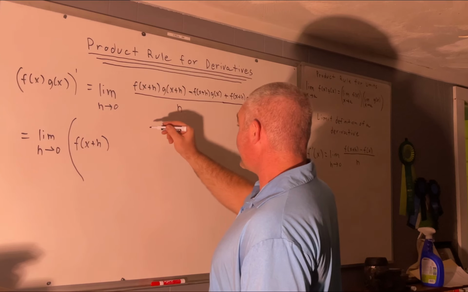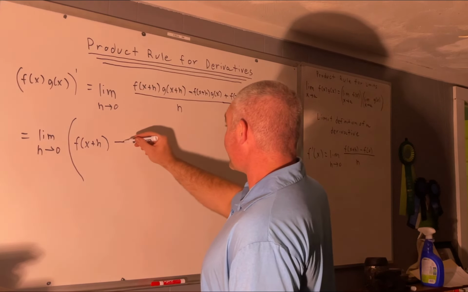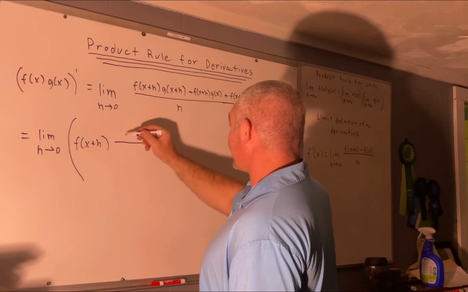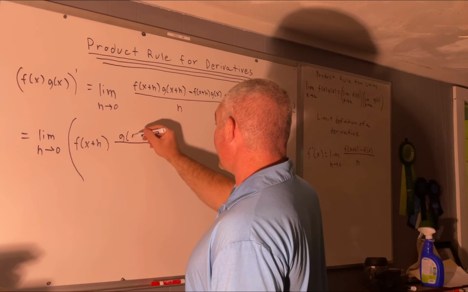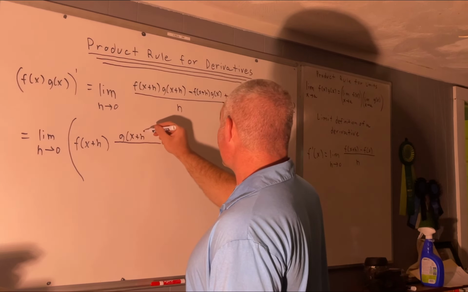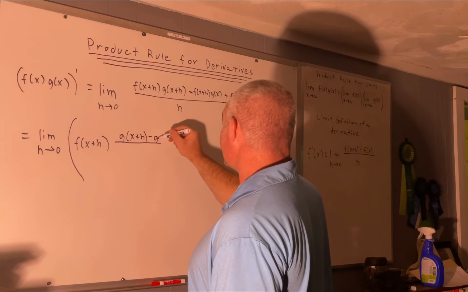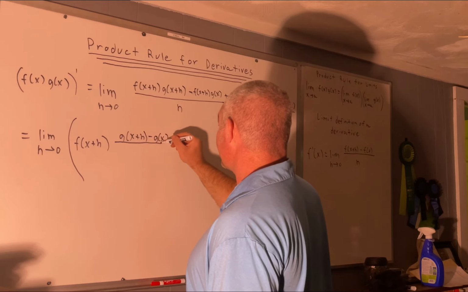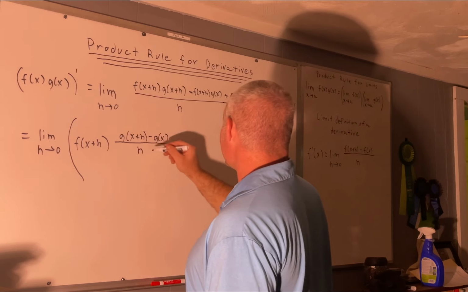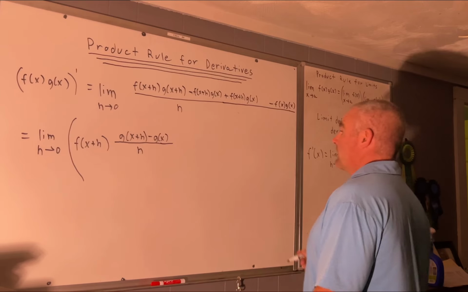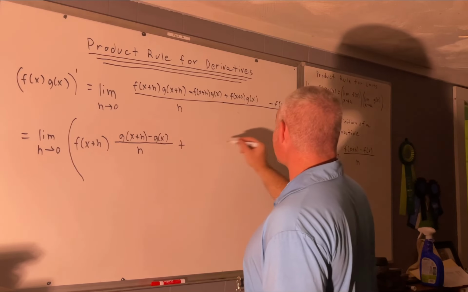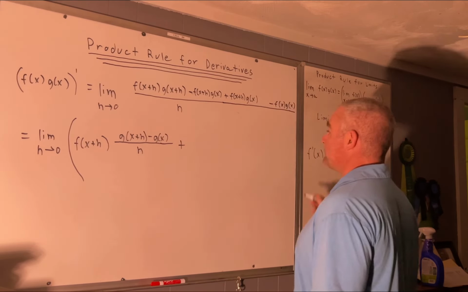And then we would have something over something else. That something would be g of x plus h minus g of x all over h. Then we would have plus, and in this one we're going to factor out the g of x.